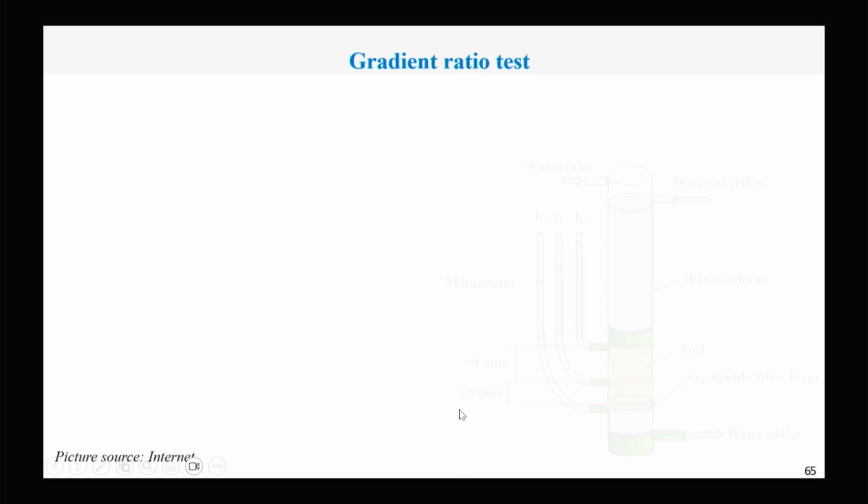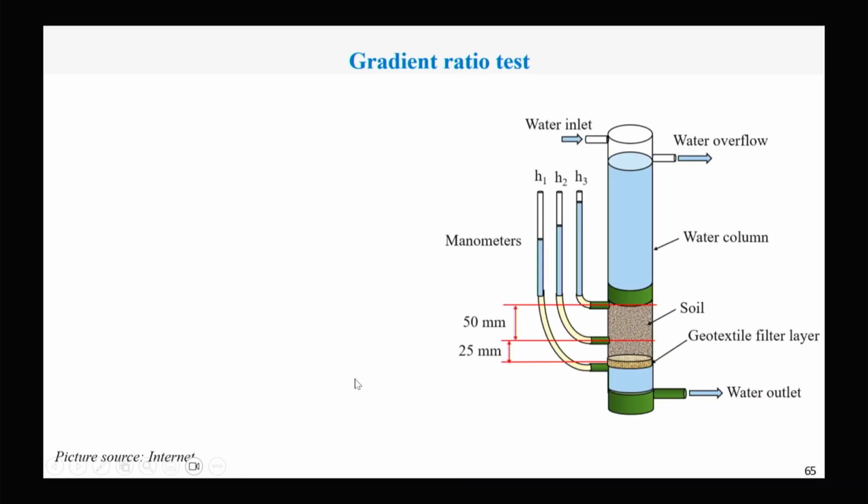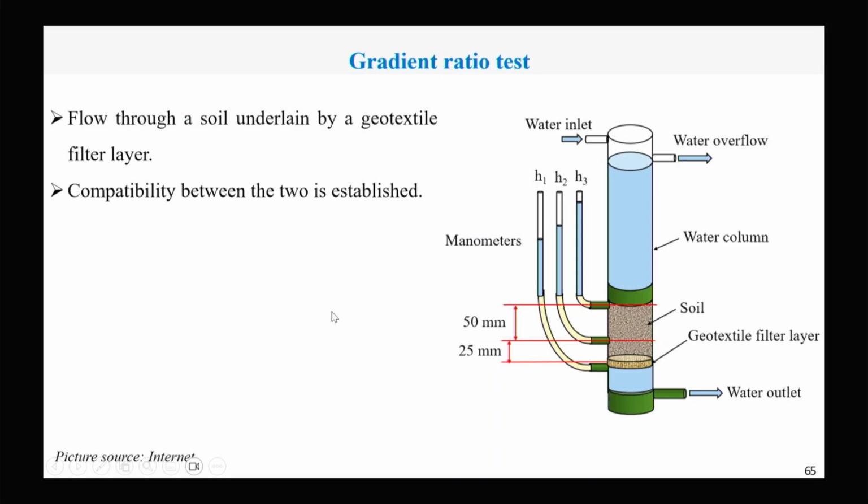Now gradient ratio test. This is basically used for the soil, but with the geotextile also we can use. Here we can see a similar instrument is used as we have used for the cross plane permeability.